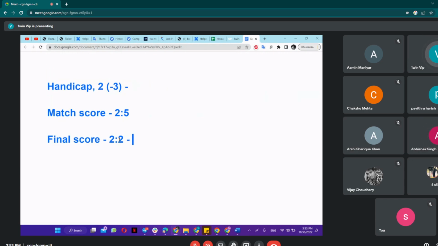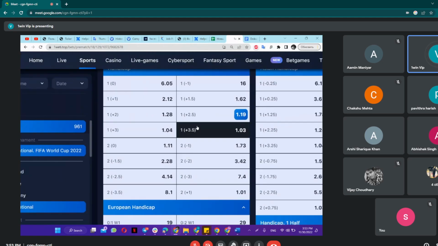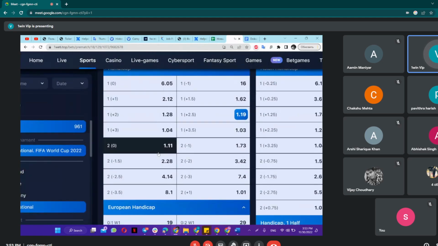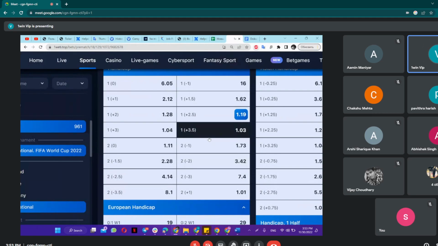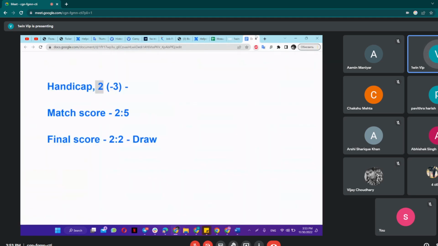Yeah, what is the status? Draw. Not matching, so as we've been calculating before, it should be a loss. But as you remember, this is the handicap which doesn't have betting on draw, so it's not a full range of the betting.